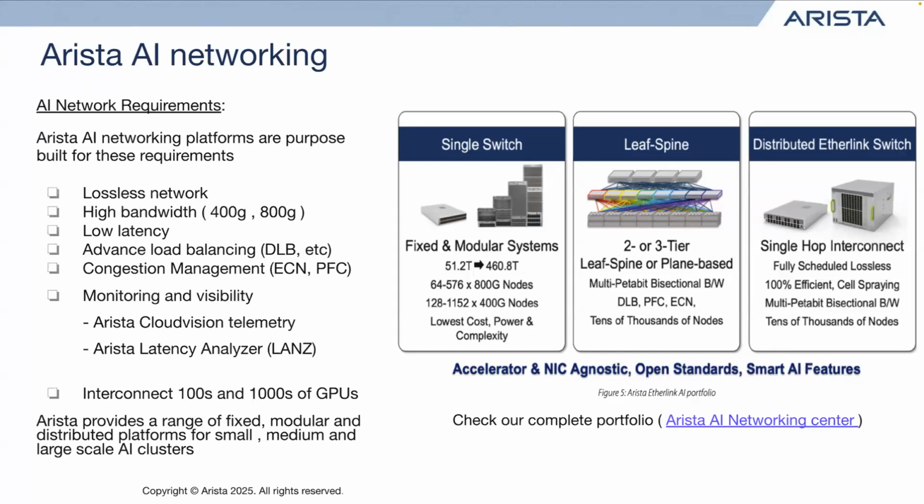Arista's AI networking platforms and features are purpose-built for satisfying all these requirements. Arista also provides a range of fixed, modular, and distributed platforms for small, medium, and large-scale AI clusters. To know more about Arista's AI networking platforms and solutions, please check the complete portfolio at Arista's AI Networking Center link attached to this slide.